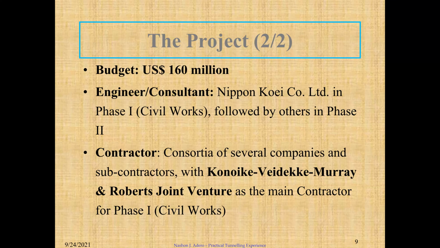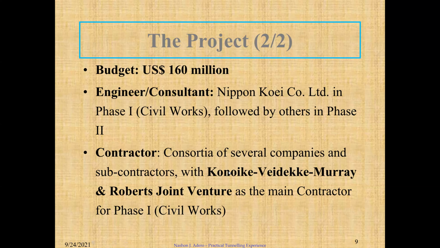The contractor, we do have what we call a consortium, plural consortia, that is bringing together different entities, so different companies to compete for the contracts, and then the winning consortium, that is the group of companies, is given the contract. So in this case, I was working under Konoike Construction Company, but it was within a joint venture.